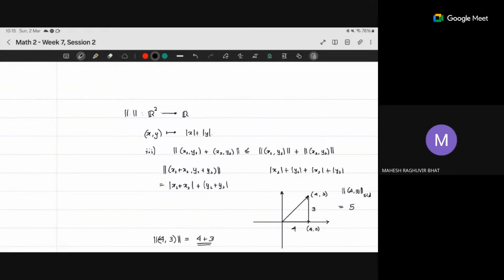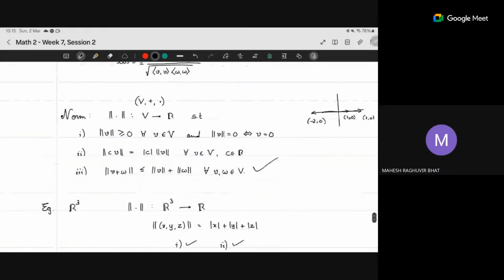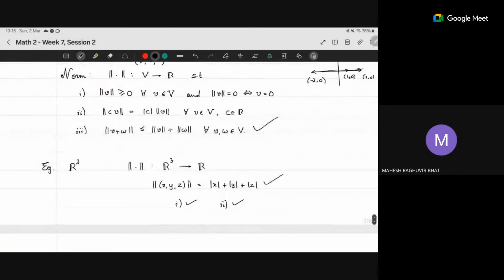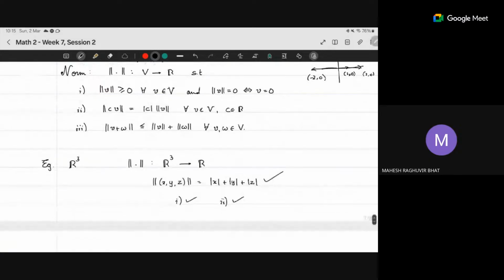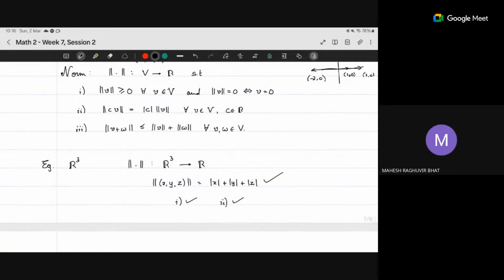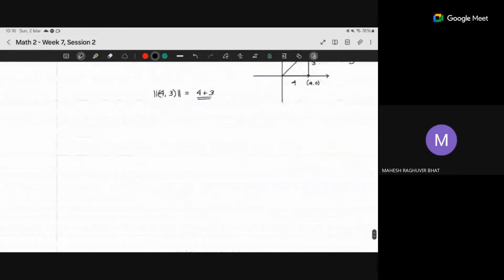So this is the most general notion of distance, and you see that this is a non-trivial example. As long as these 3 conditions are satisfied for a function defined from the vector space to R, then it is called a norm. Is that okay? Yes, sir.